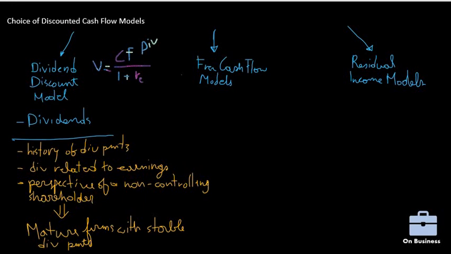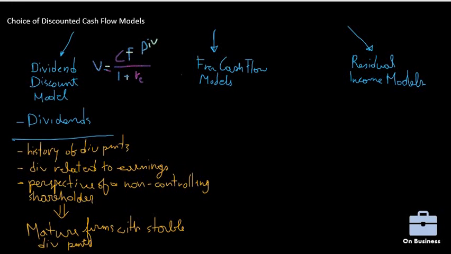And I'm valuing here from the perspective of a non-controlling shareholder. So suppose I, Diana, buy a share in Apple. So I'm a shareholder in Apple. I cannot control the dividends that Apple pays. Therefore, I use the dividend discount model.